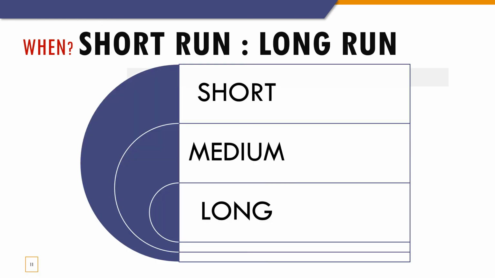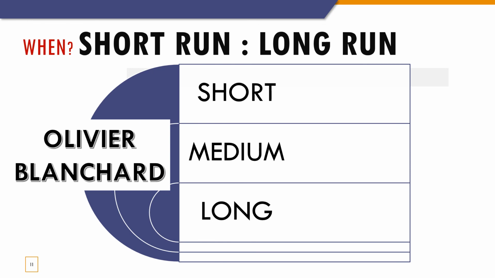We're now in our last W. These are looking at the short run and long run time interval for macroeconomic and industry analysis according to Olivier Blanchard. For short run, we have year to year analysis of what happened in the economy and the industry. For medium, we have approximately a decade or over a decade.